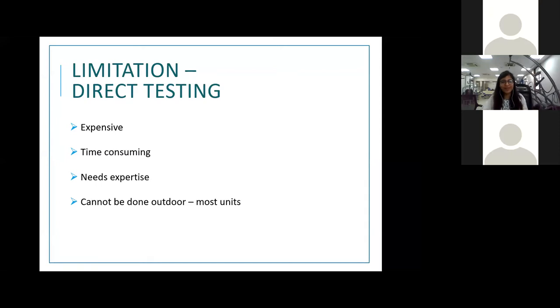I remember how much trying and learning I had to do from Dr. Contractor before I could get it right. So that's how expertise is needed. It cannot be done outdoors like most of the other units; they do not have the facility to do it on the field.